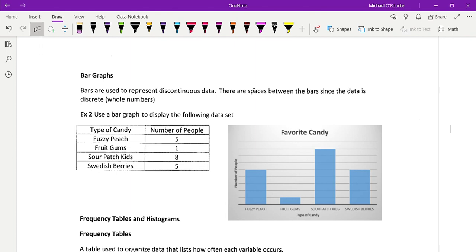So a discrete number means like one number. In this case, that's not a discrete number. It's one thing, correct?